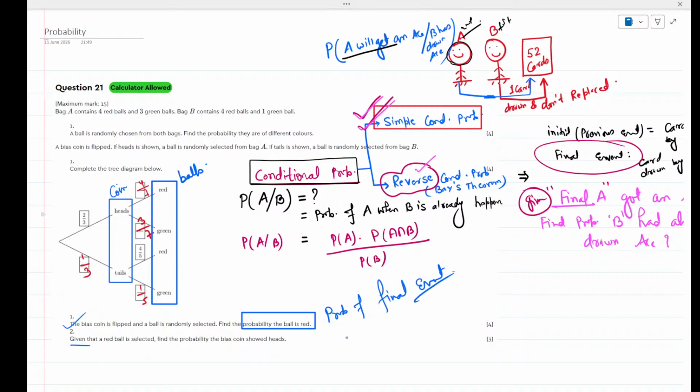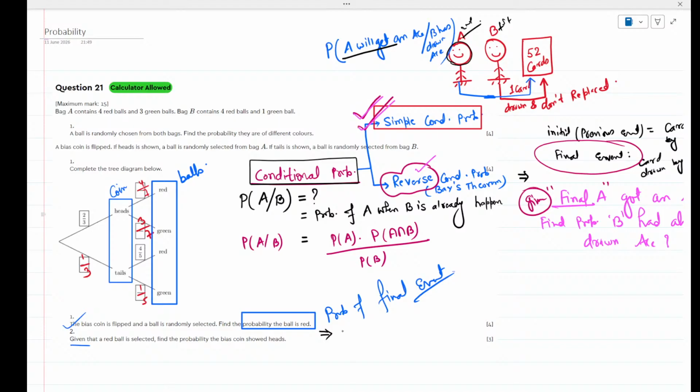So write simple. If you don't follow my steps, 99% you will make a mistake. This is not for this question only. I'm telling you the general method for all questions based on simple conditional or reverse conditional. But I know you will ignore this method. My task is to warn you. Otherwise, your choice. So first of all, what should we write?